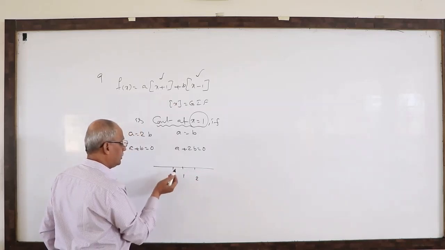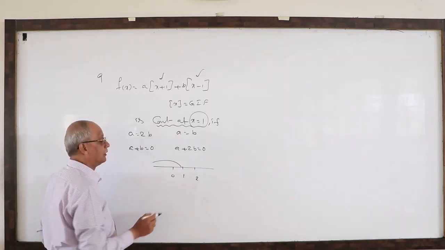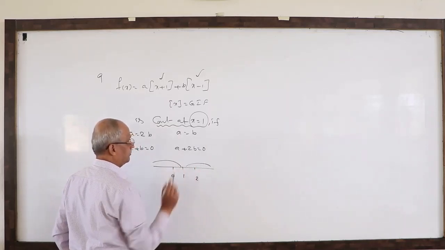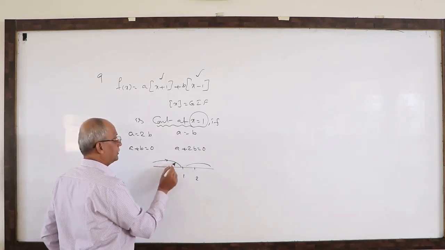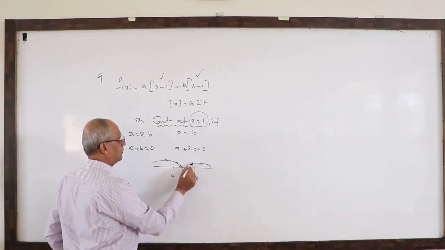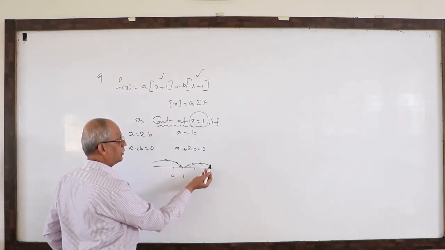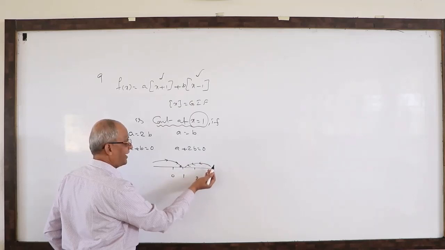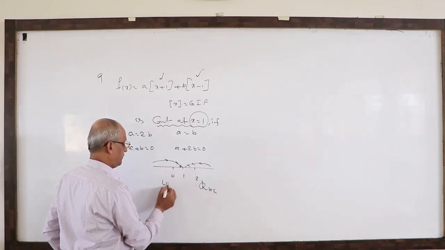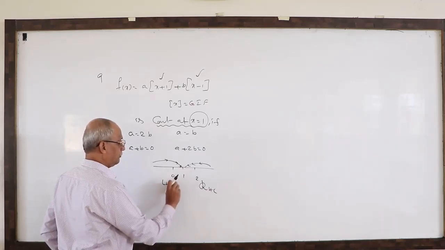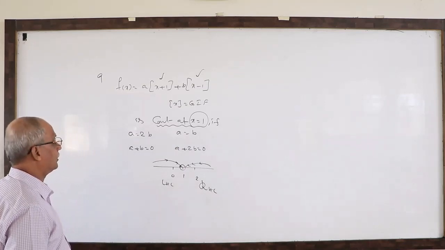We will go left side of 1 and right side of 1. From there we are approaching towards 1. Similarly, this is called variable is approaching to 1 from the right hand side, so called right hand limit, left hand limit. If both coincide each other, at 1 it exists. That is our concept actually.